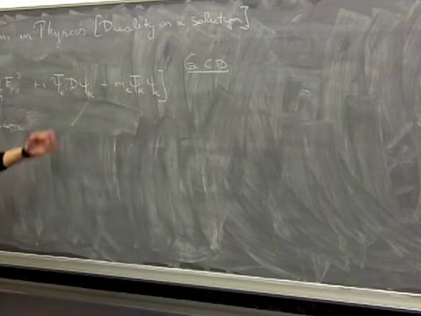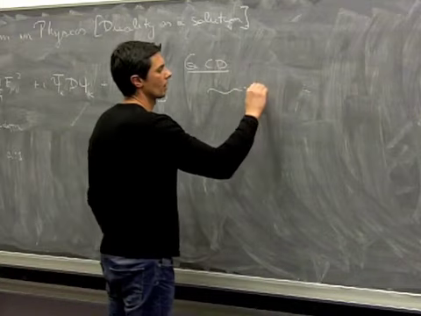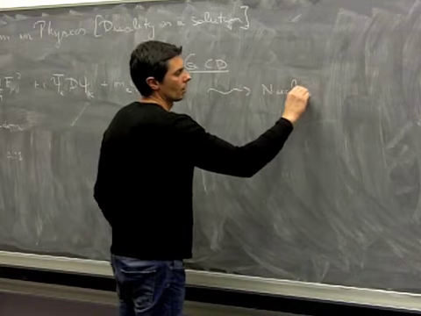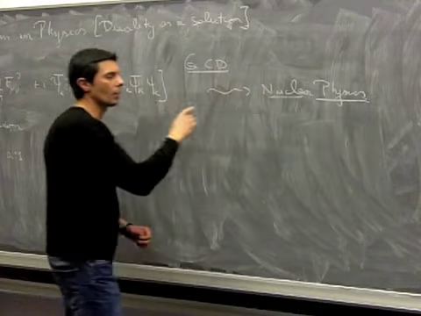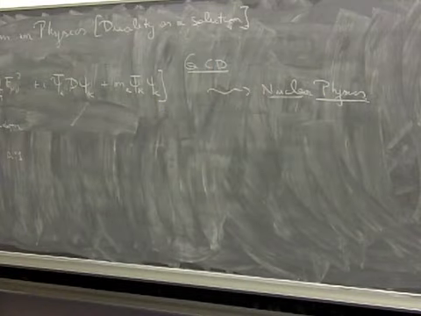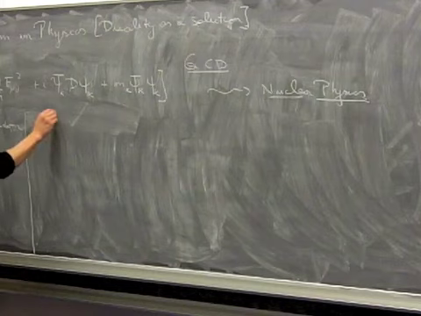These are the quarks, those are the gluons, and this is the theory of nuclear physics. Everything that happens inside the nucleus is ruled by this theory.